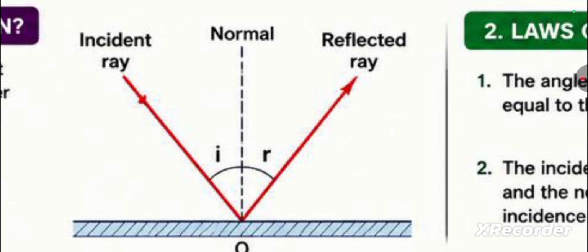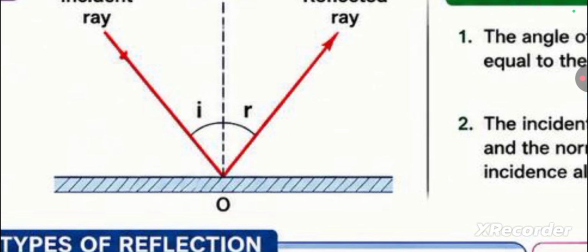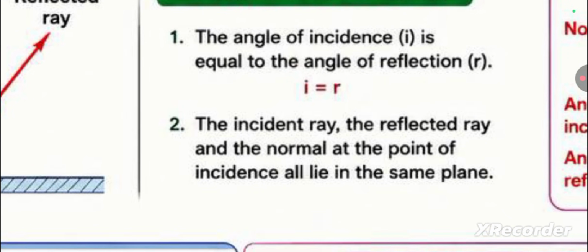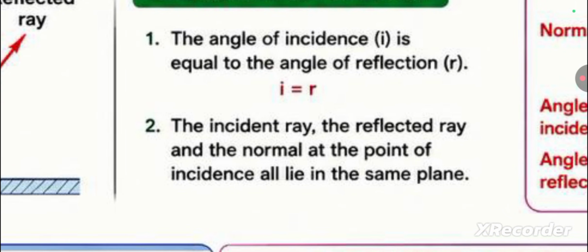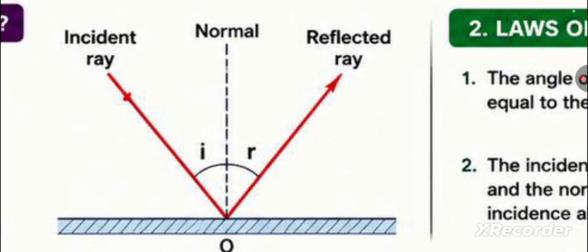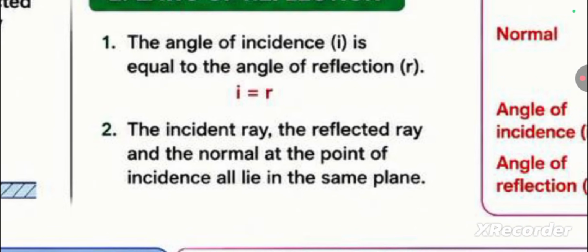That ray is called the reflected ray. The angle of incidence i is equal to the angle of reflection r. So i and r are both the same and equal. So i is equal to r. The incident ray, the reflected ray, and the normal are all in the same plane.